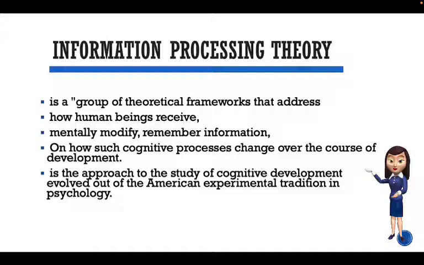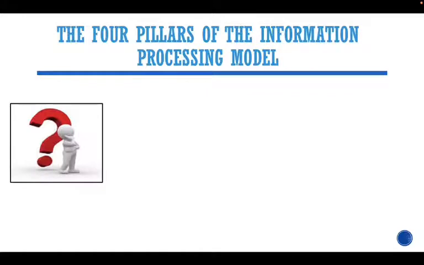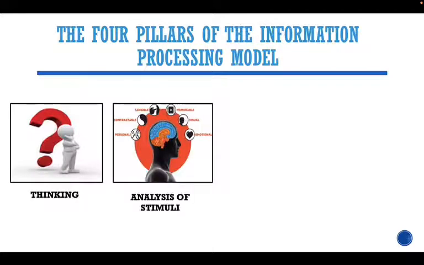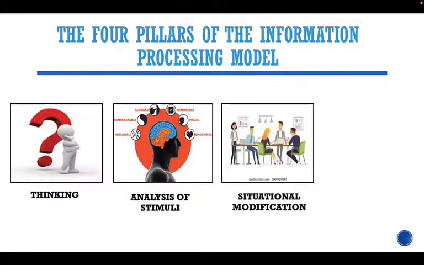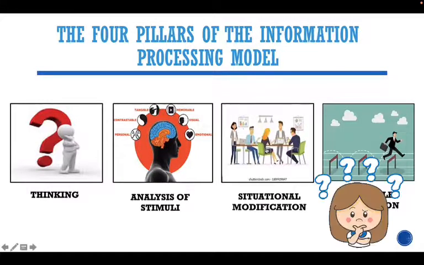In this way, the mind functions like a biological computer responsible for analyzing information from the environment. There are four pillars of the information processing model: thinking, analysis of stimuli, situational modification, and obstacle evaluation.